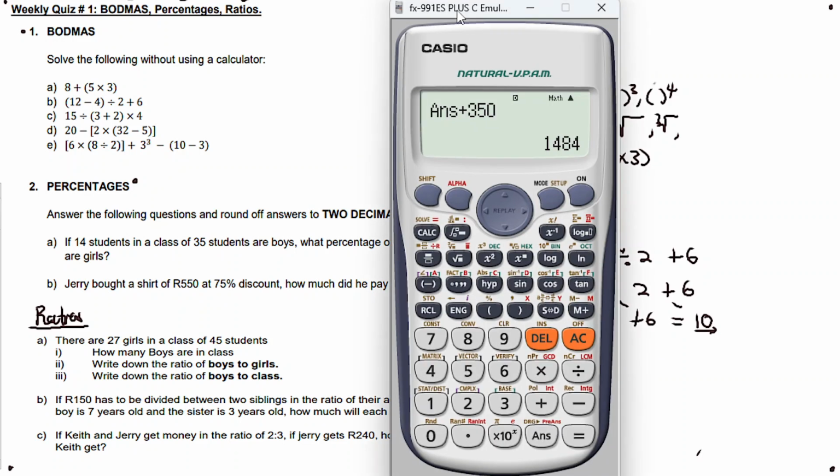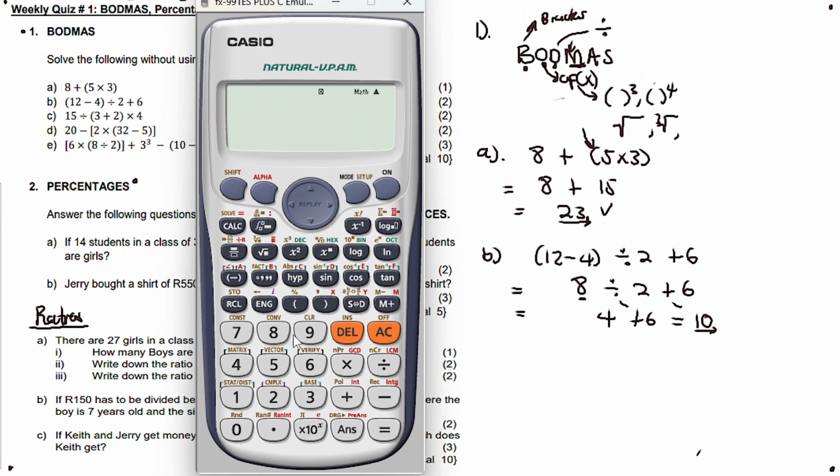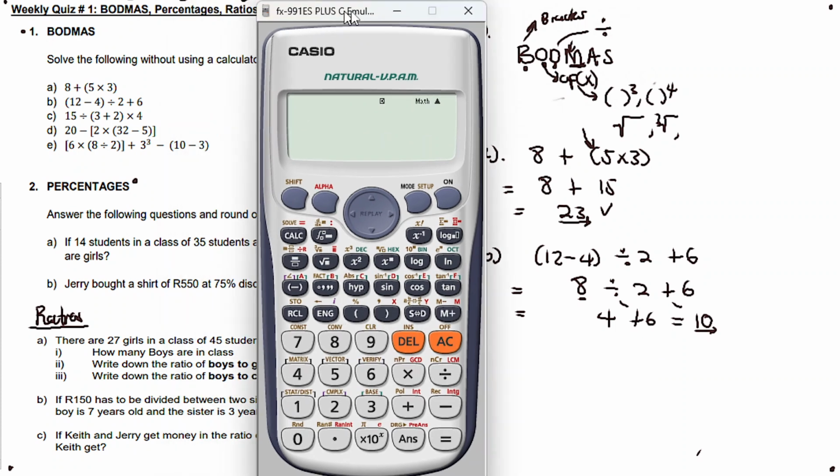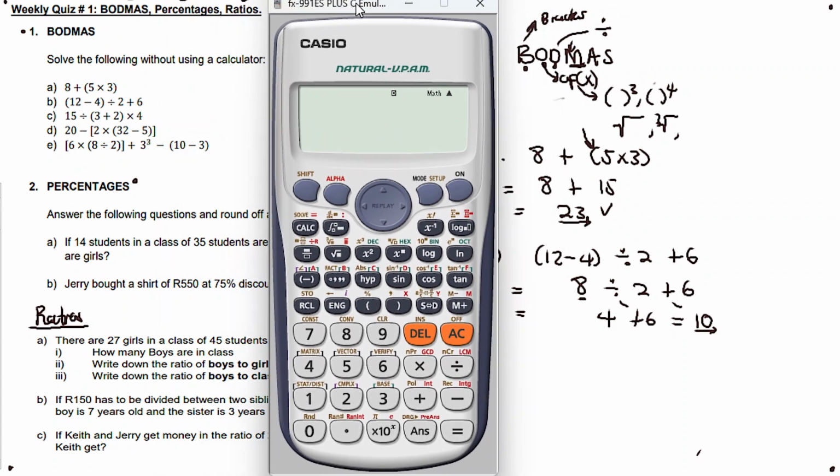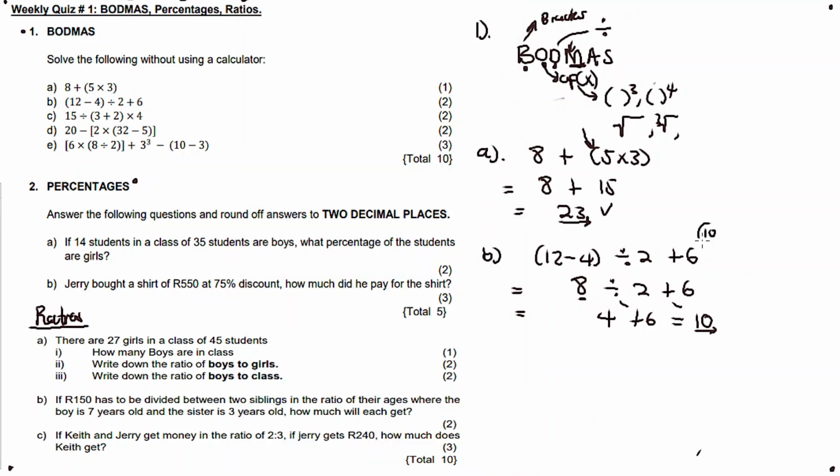But what I can accept is this. Actually, this should be a habit, especially around questions that involve BODMAS. You can always pull out your calculator and punch in the entire thing, plus 6, equals, you get 10. You just write your 10 right here.